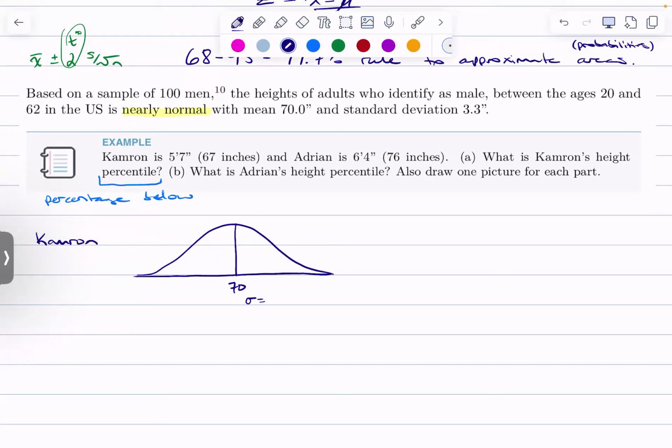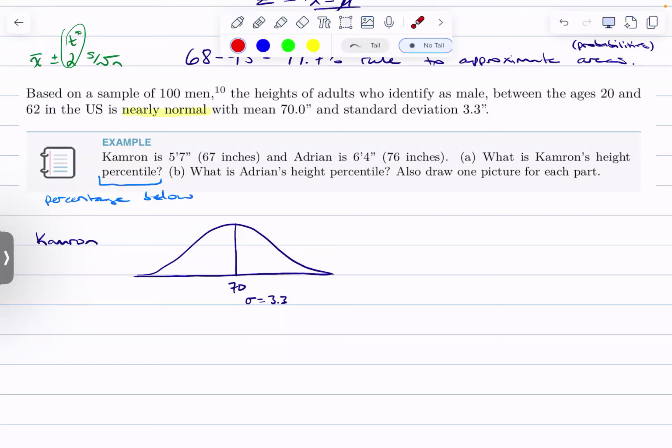And the standard deviation is 3.3. Usually I just jot down the standard deviation somewhere below it. You could take the time to add 3.3, add 3.3, add 3.3, and just kind of have some markers, but we don't need to do that. You could, if you really wanted to, map out the 68, 95, 99.7 rule, right, with 3 standard deviations in either direction, but we don't need that yet.